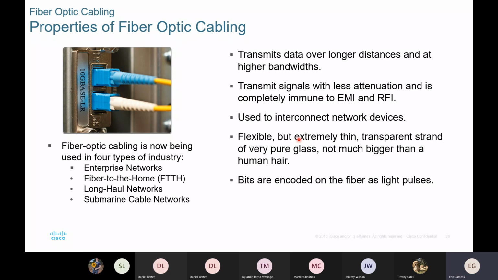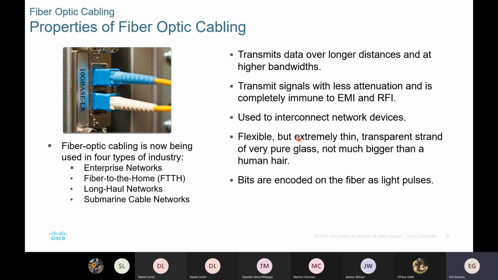Now let's talk about fiber optic. Fiber optic is much more expensive, and since it's much more expensive, we use it where we really need it. For example, it would be too expensive to connect those computers through fiber optic to the switch that we have in the wiring closet.